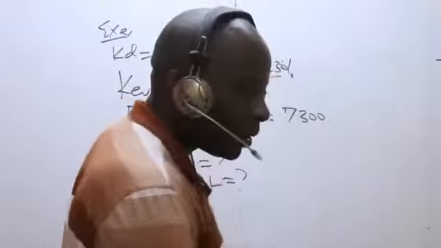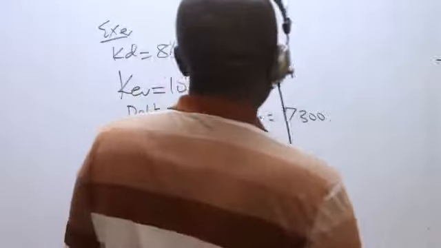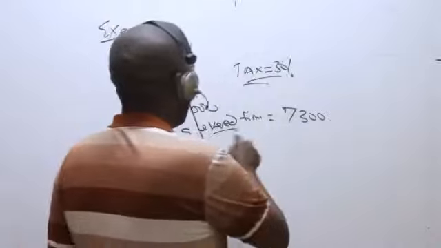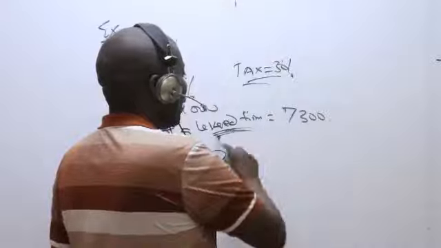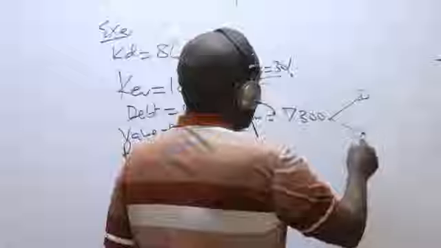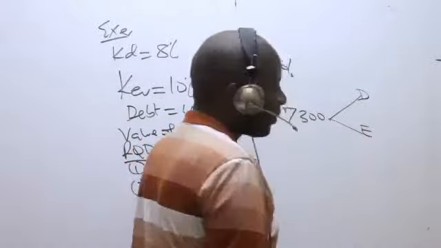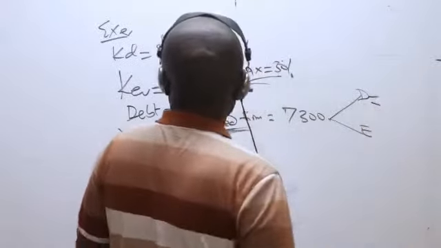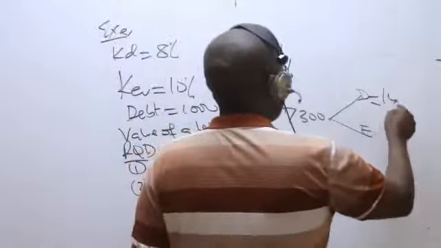So remember, what a good student will do even first here, when they give me the value of a levered firm, I'll break it down into debt and equity. The debt has been given here as 1,000.